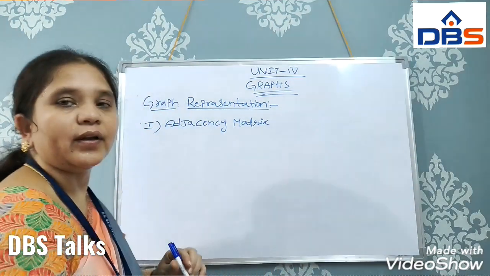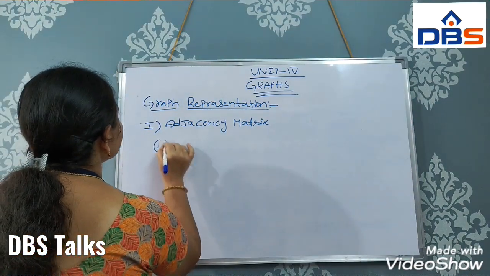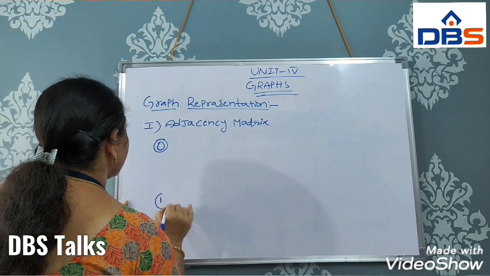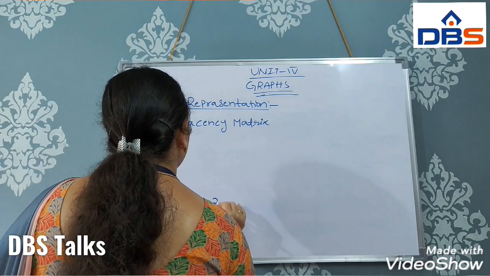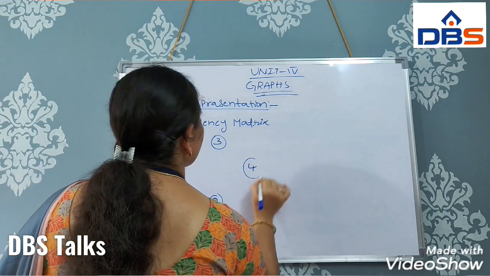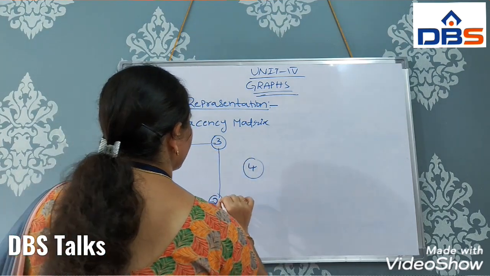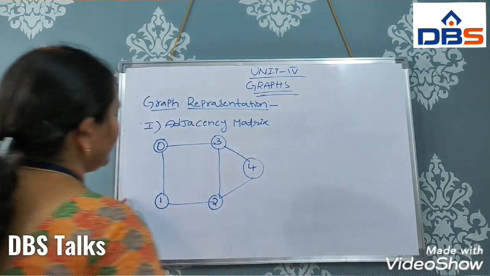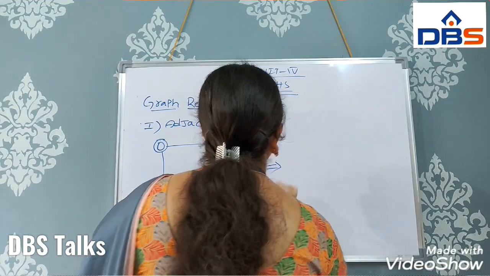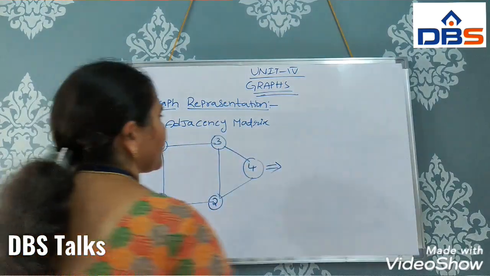Here I am taking one graph. I am using an undirected graph. I want to represent this graph by using an adjacency matrix.